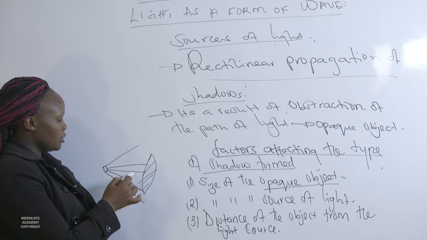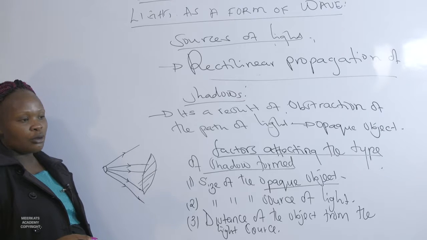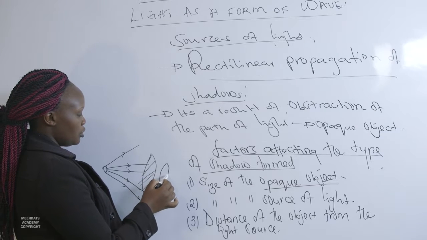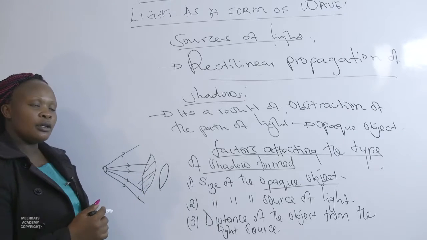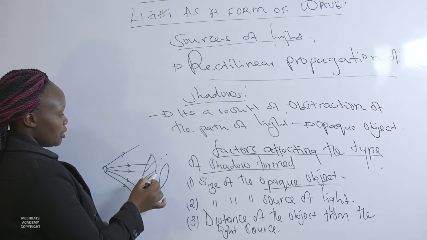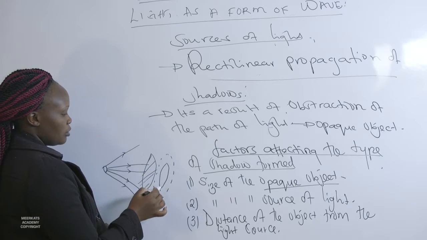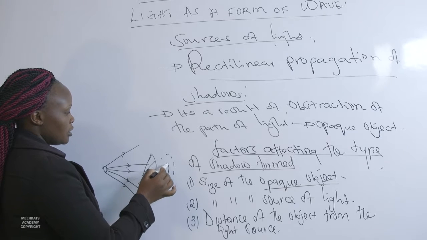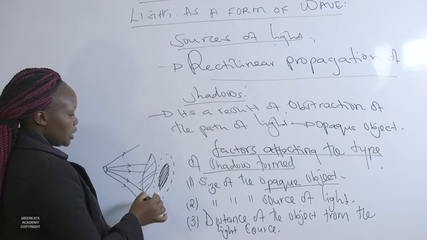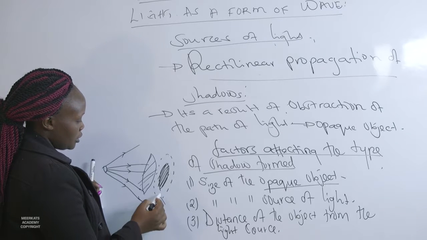That one means that behind your object, you are going to form a shadow which is having a very dark center, and is going to be surrounded by a ring, so that the center is completely dark and the ring around it is a bit lighter. And that one brings us to the types.